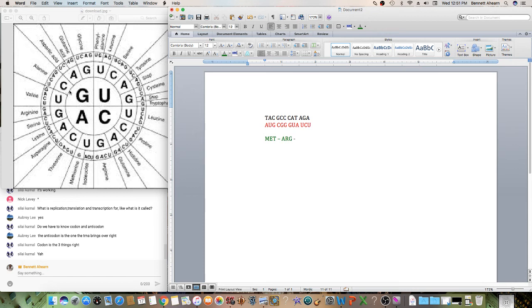GUA gives us valine, I think. Let's write valine here. And then UCU, U to C to U, gives us serine. It looks like S-E-R. Okay, so there's our amino acid. And let's just put a stop in here because that's what it's supposed to be. Okay. So here's our protein chain, our polypeptide, right?